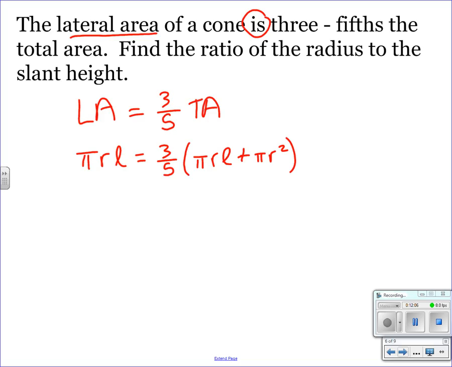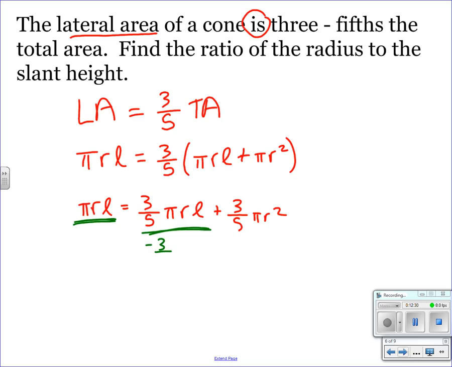So simplifying that, I have pi times r times l, distributing the 3/5 through: 3/5 pi RL plus 3/5 pi r squared. Now, really, pi RL and 3/5 pi RL are like terms. So I'm going to subtract this over to the other side.